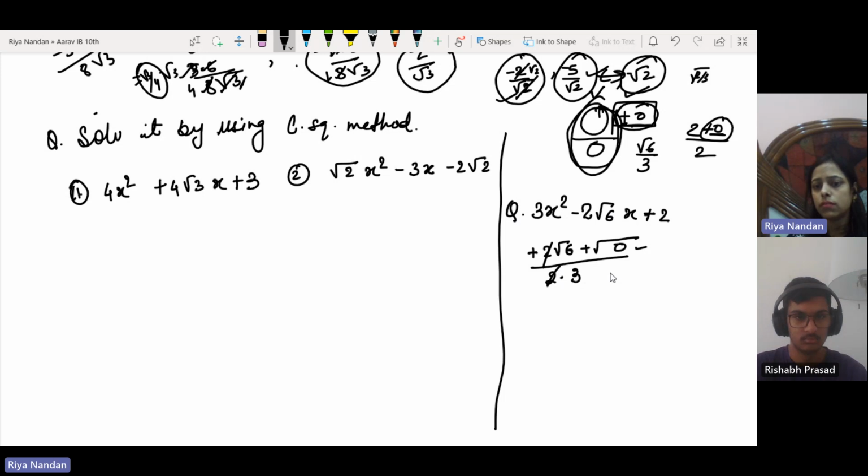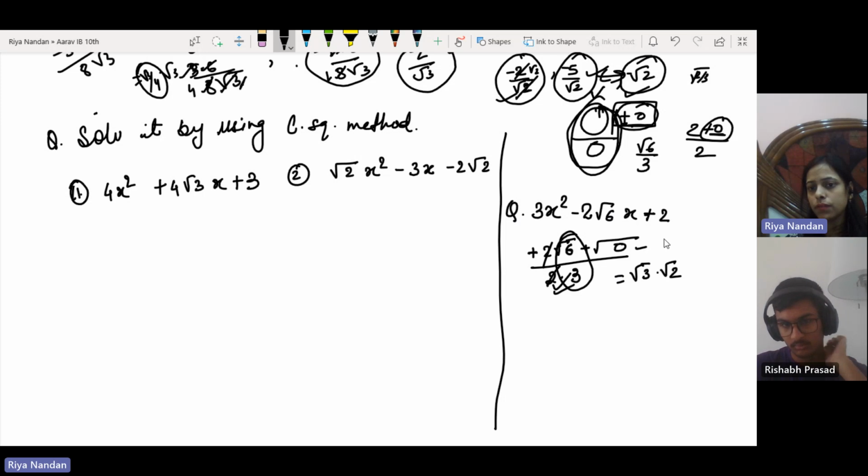And root 6 we can write as root 3 into root 2. Okay, fine, I got it. We can write root 6 in a simplification way. This is also correct.